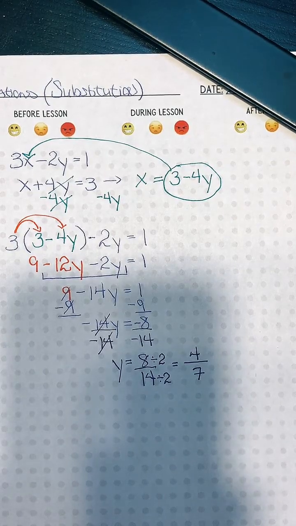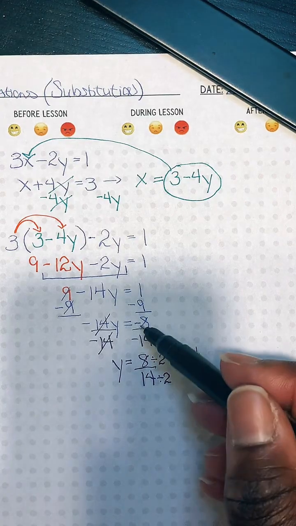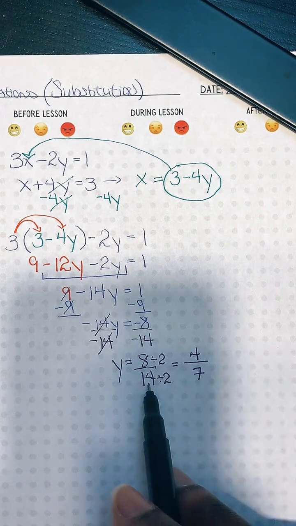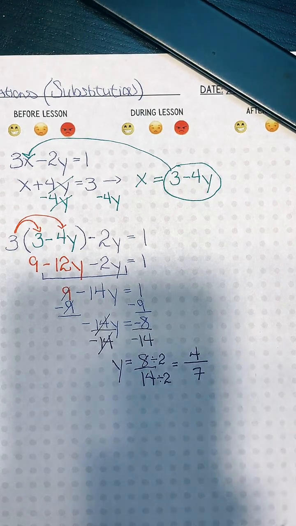What happened to the negative? Well, a negative divided by a negative gives me a positive. Those are the rules of integers.